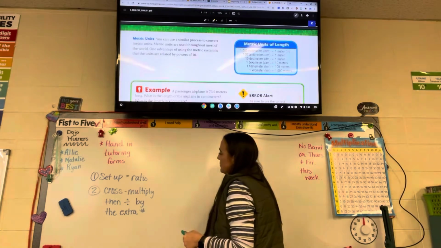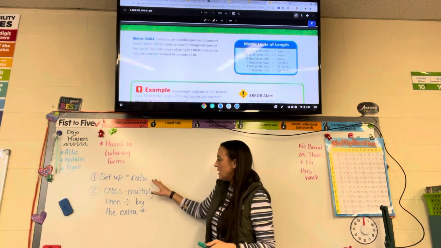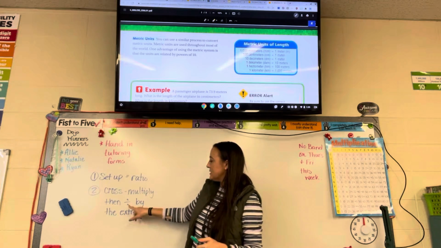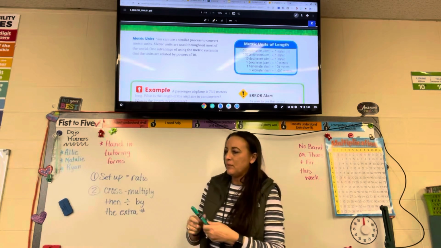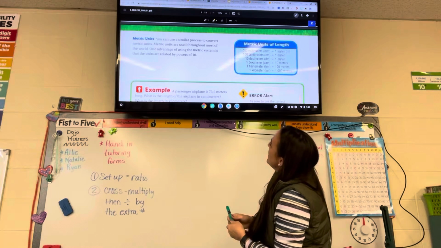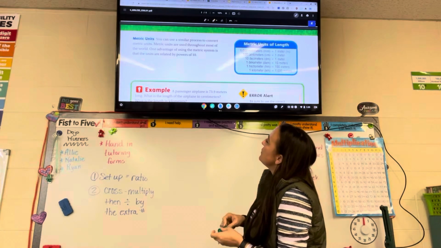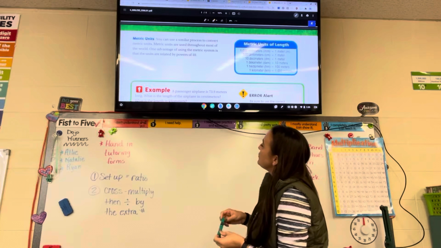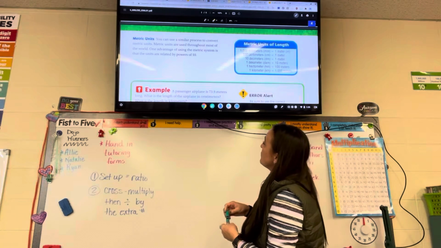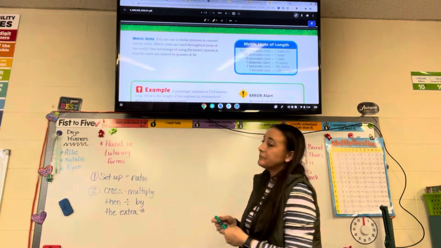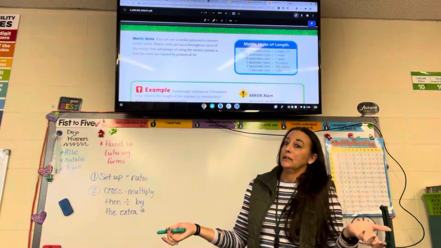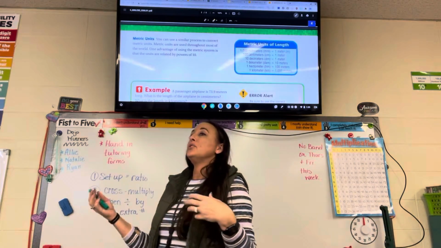I have this as a reminder, so you set up your ratio, cross multiply, then divide by the extra number. That's what we've been doing. Metric units. You can use a similar process to convert metric units. Metric units are used throughout most of the world, except for America. We mostly do customary.